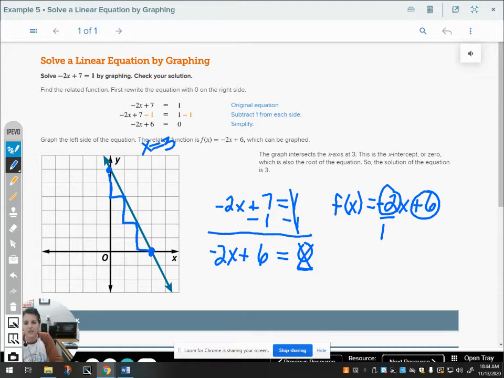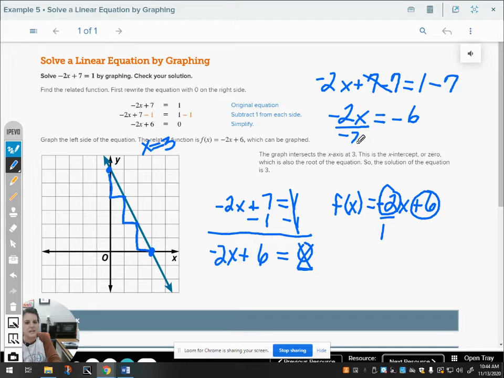And another way that we could do this, we could have looked at it algebraically. I know to get x by itself, I need to subtract 7 from both sides. So we take away 7 to get it to be 0. Property of equality says if I take away 7 on this side, I've got to do it over here too. So that's gone. Now I have negative 2x equals negative 6.